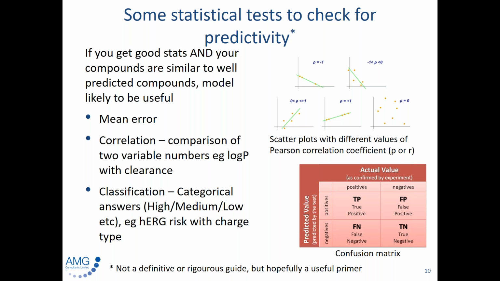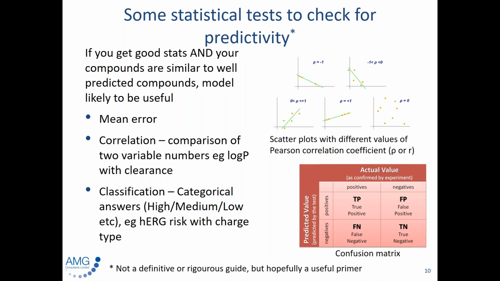So just to move on to think about some of the statistical tests. We were talking about this idea that you've measured some compounds for some of the examples in your series, and you want to know whether this model is working well. So how do you go about checking that out? I'm going to mention three different approaches. This is by no means all of the things that could be done, but it's a useful start.